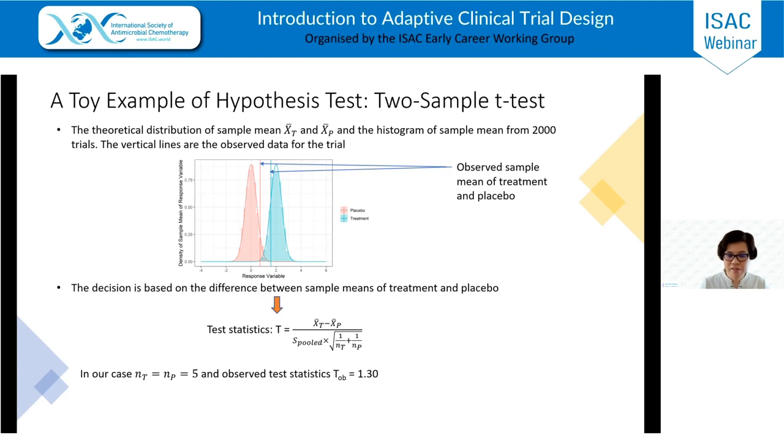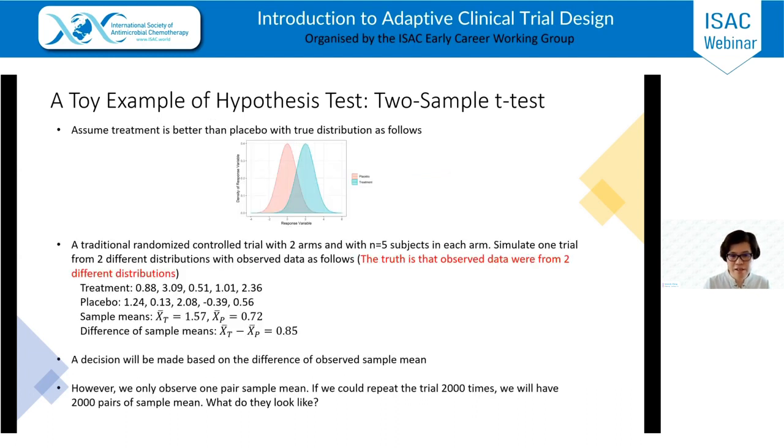Then we have to standardize in some way to make sure every test is comparable. This is a test statistic, we call it T, and we have observed the test statistic based on that trial. Based on the trial I picked, the test statistic is 1.3.